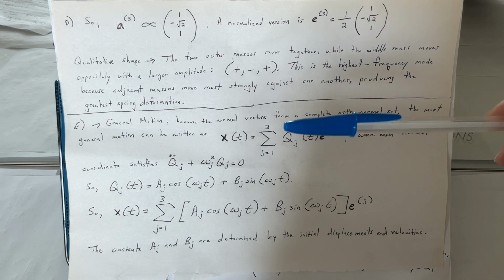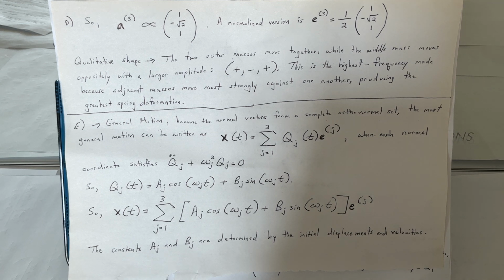The general motion: because the normal vectors form a complete orthonormal set, the most general motion can be written as the following. So we have x of t equals the sum from j equals 1 to 3 of q sub j of t times the jth normalized mode vector, where each normal coordinate satisfies q sub j double dot plus omega sub j squared q sub j equals 0.